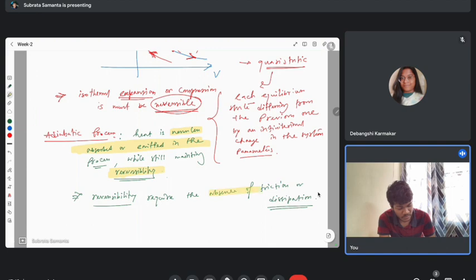This is what reversibility requires. If there is friction or dissipation, the process is irreversible. Okay, so up to this point is it clear? What does it mean to be a reversible process? What does it mean to be a quasi-static process?